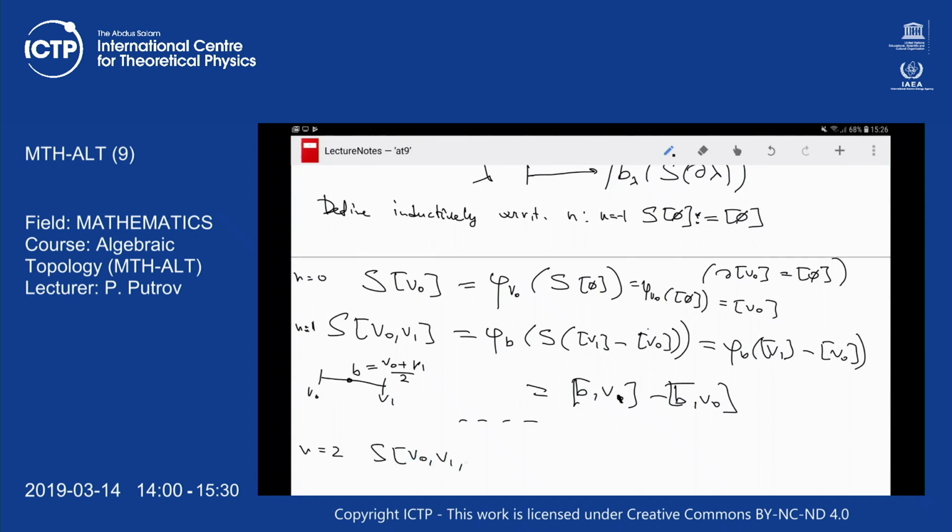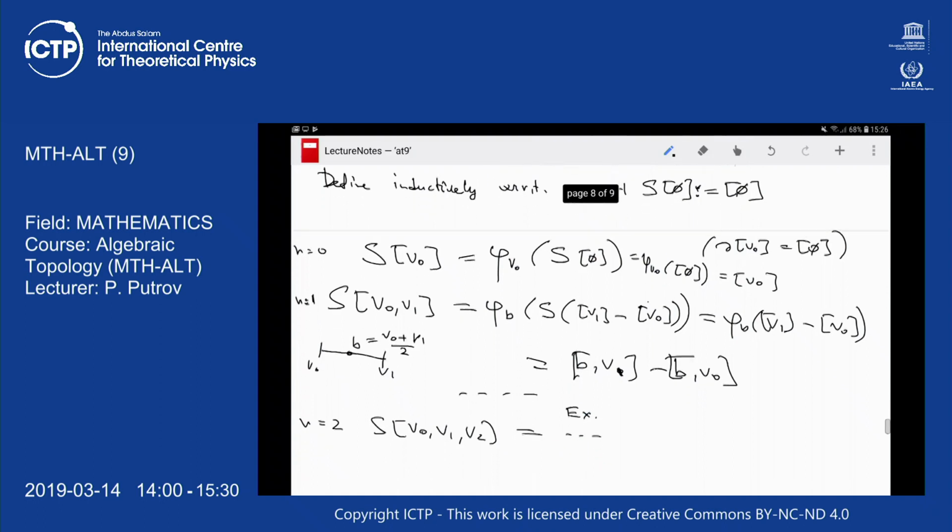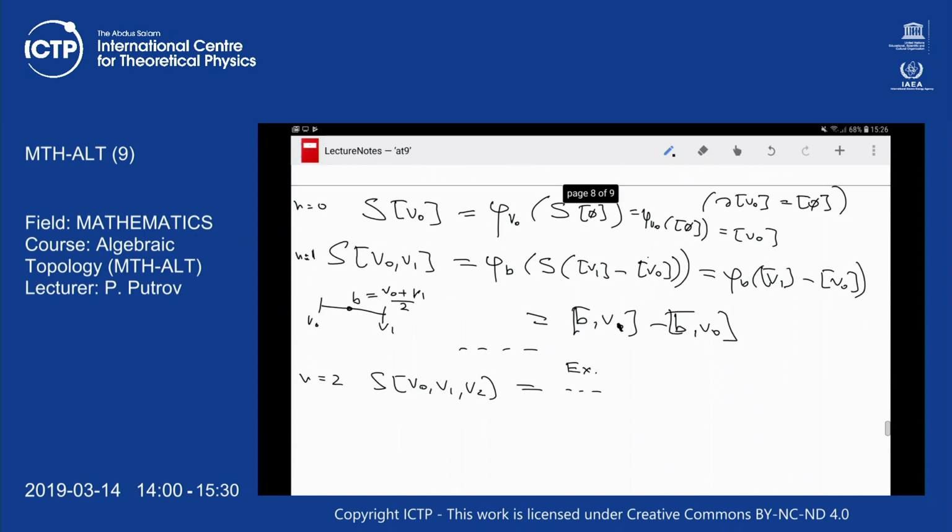And so on. If you want, as a homework check, when n equals 2, write explicitly how it acts on a triangle. It's easy to see that in general the right hand side will have the following form.